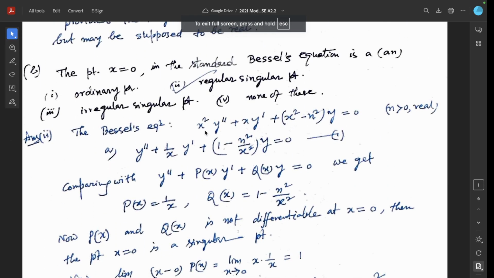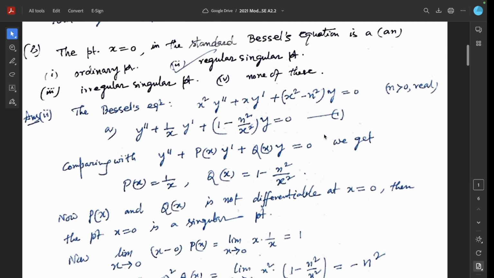Standard Bessel equation: x square y double dot plus x y dash plus (x square minus n square) into y equal to 0, where n is a real positive number. We can write this as y double dash plus 1 by x y dash plus (1 minus n square by x square) y equal to 0.